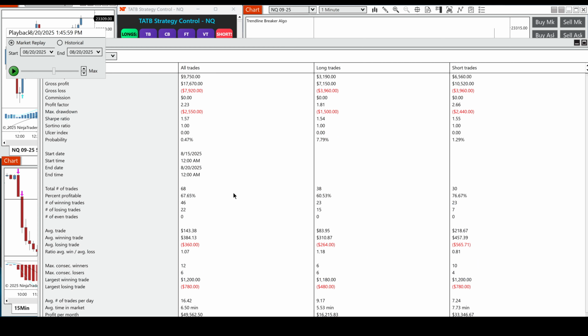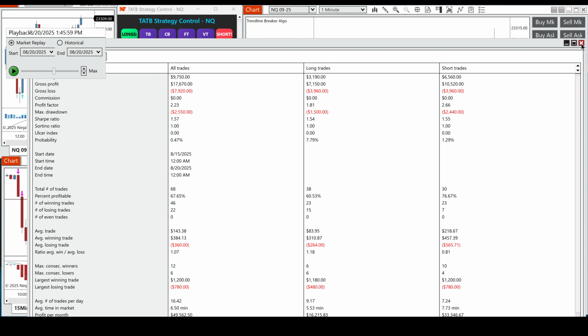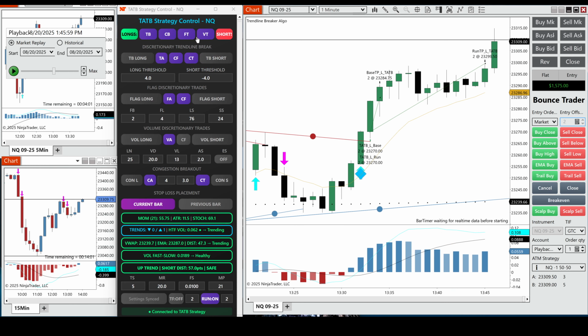we have a little bit more trades, but by adding those two trades, it didn't change it significantly. So let's say if we can have this flag trading.